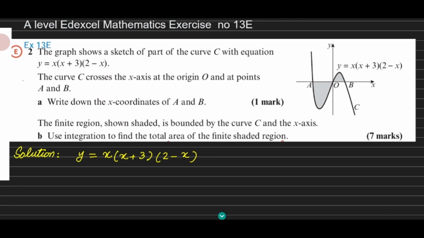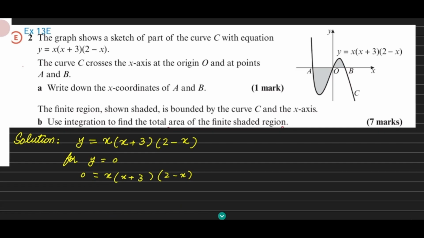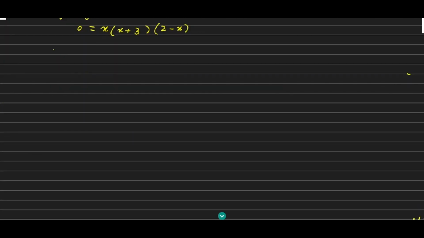As we are looking, A and B lie on the x-axis, so we put y equal to 0 because the y value on the x-axis is always 0. So we put y equal to 0. We get 0 equal to x into x plus 3 into 2 minus x. Now we find the values of x.